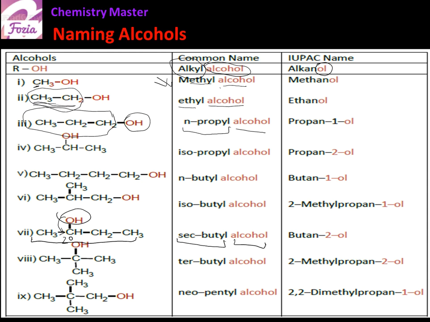Removing the last E from methane and adding OL, the name goes methanol. For a 2-carbon alcohol, the name will be ethanol. For a 3-carbon alcohol, the name will be propanol. You can write the position before the name as well, so it will be 1-propanol and so on. To practice nomenclature and naming of alcohols, you need more practice.